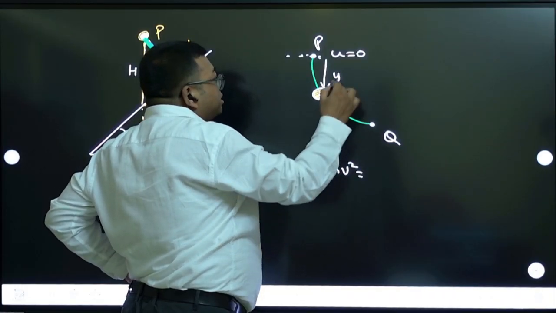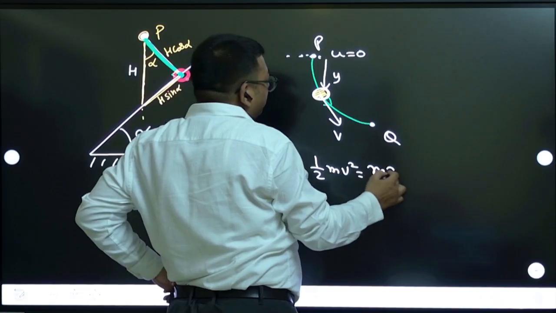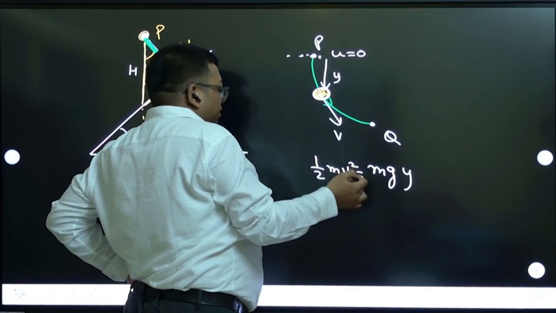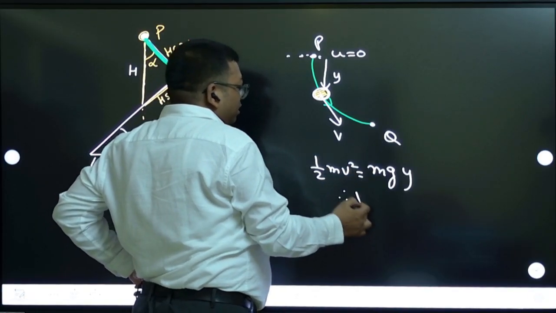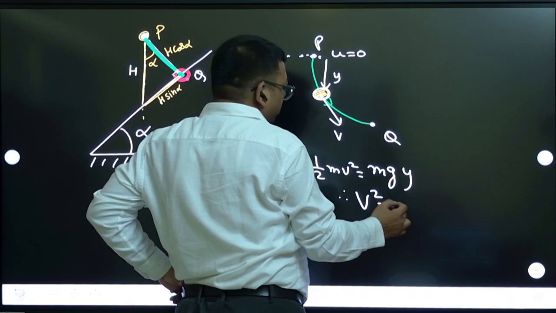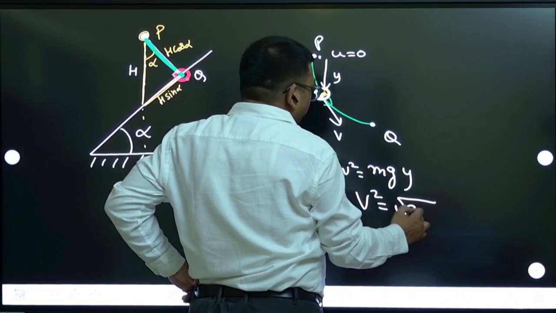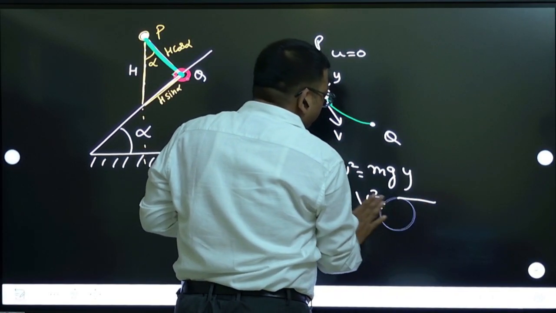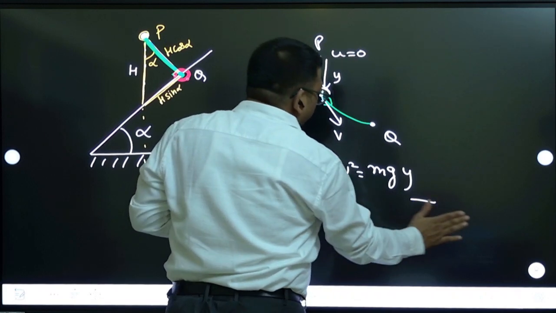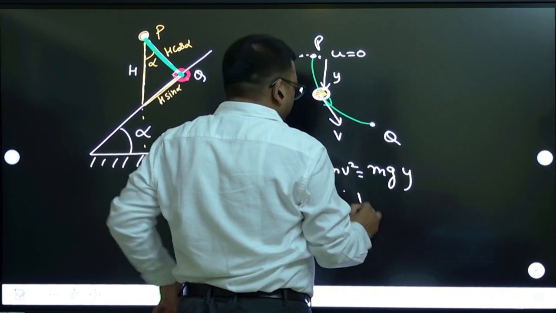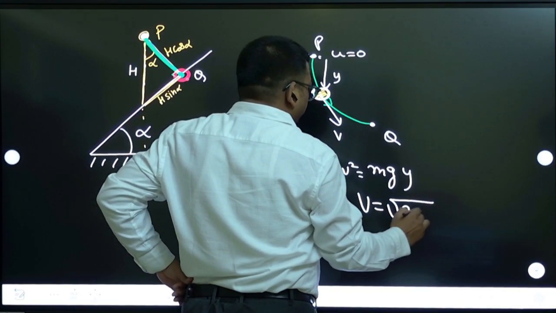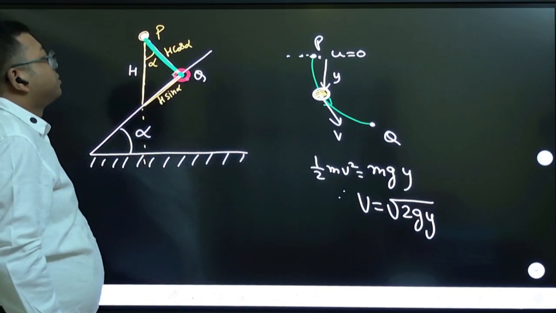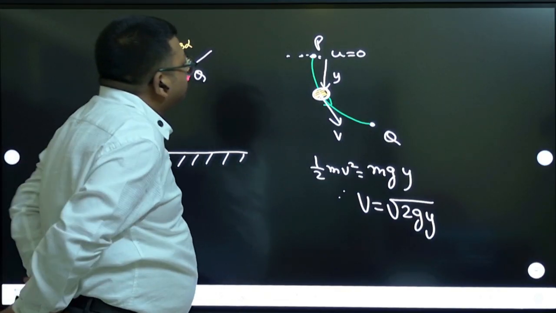That is because potential energy decreases. So potential energy mgy is equal to kinetic energy. From here we get v square is equal to 2gy. So v we can calculate as root under 2gy. This is the speed. Okay, fine.